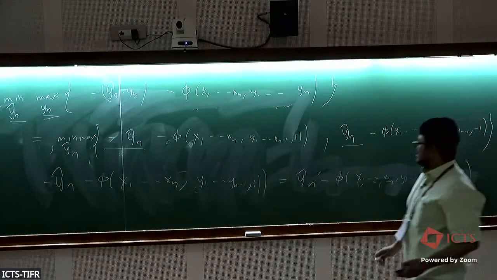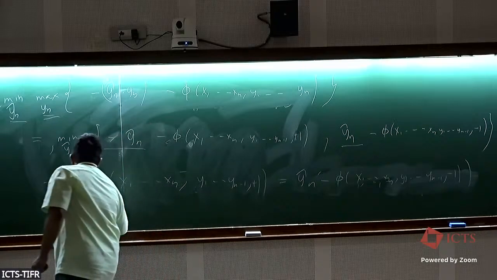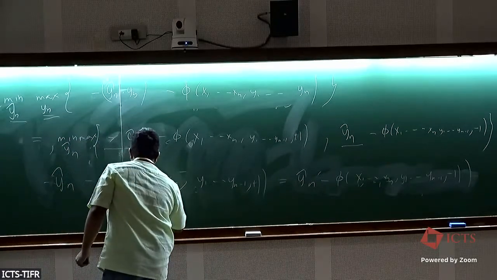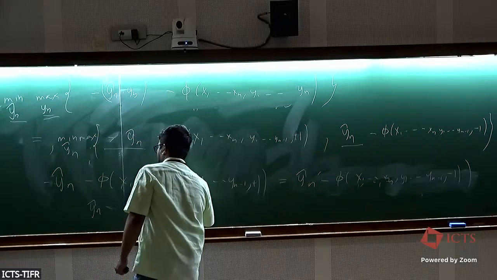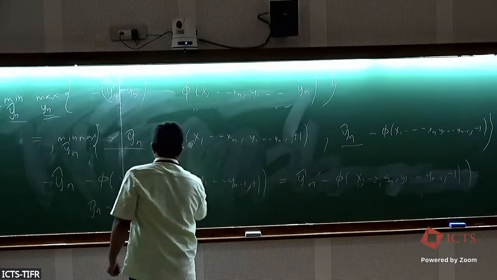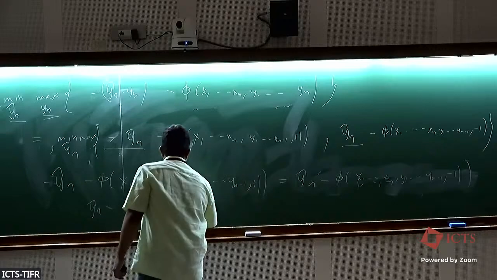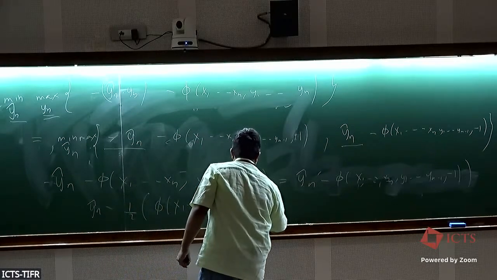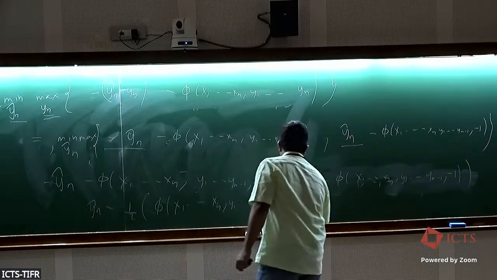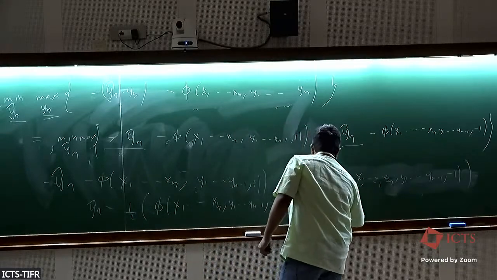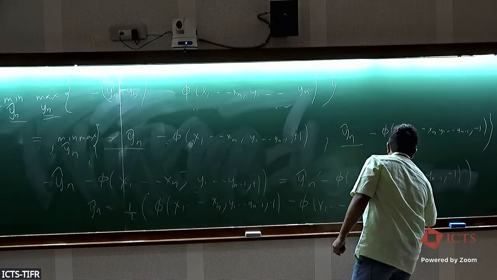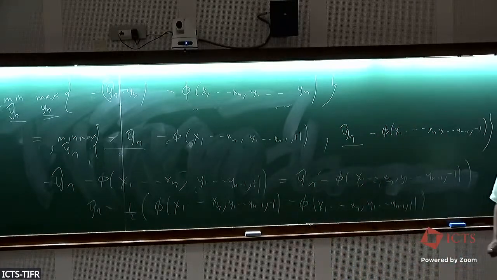That gives us the strategy that y hat n is equal to 1 over 2 times phi of x1 up to xn, comma, y1 up to yn minus 1, comma, minus 1, minus phi of x1 up to xn, y1 up to yn minus 1, comma, plus 1. Okay, so I just solved for the optimal y hat n.